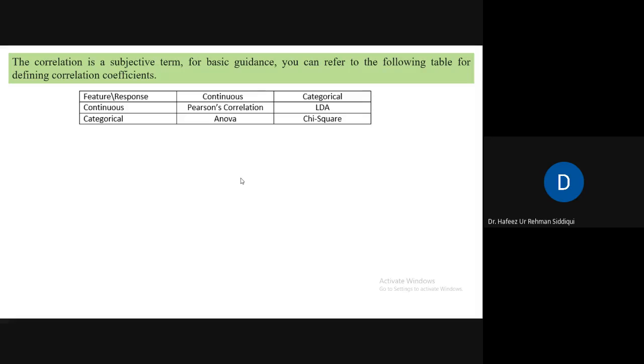If your features are categorical, like dogs, birds, and some other categorical classes, and your output response is continuous, then you can use ANOVA. If your feature is categorical and the output is categorical, then use chi-square.